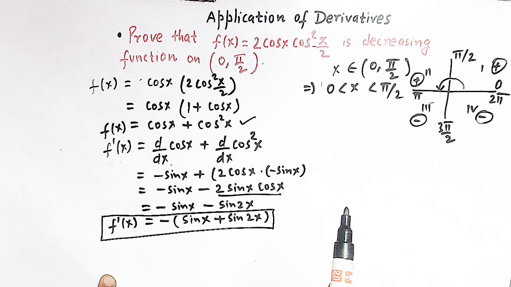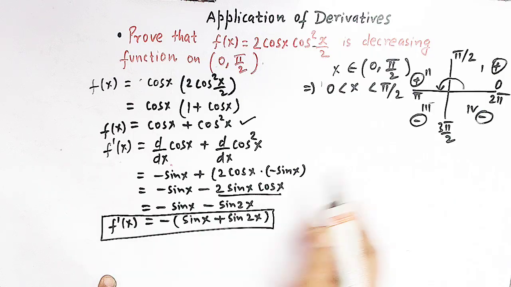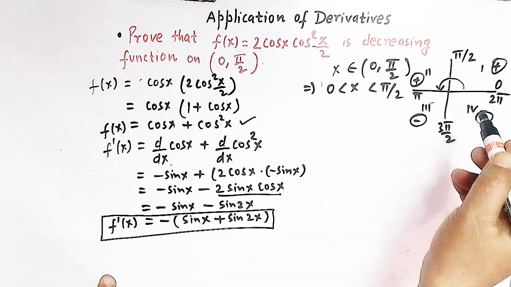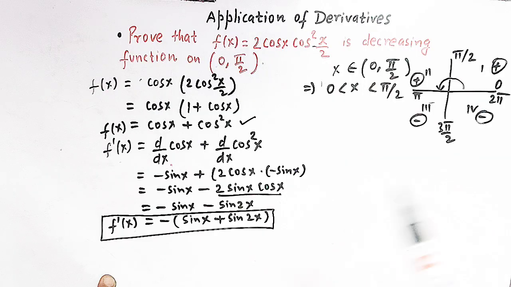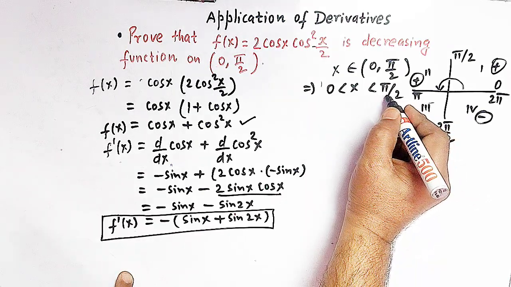So here we are going to decide the sign of f prime of x using the sign convention for the sine function, right? Because here we have the sum of two sine functions. So now we have x greater than 0 but less than pi by 2.